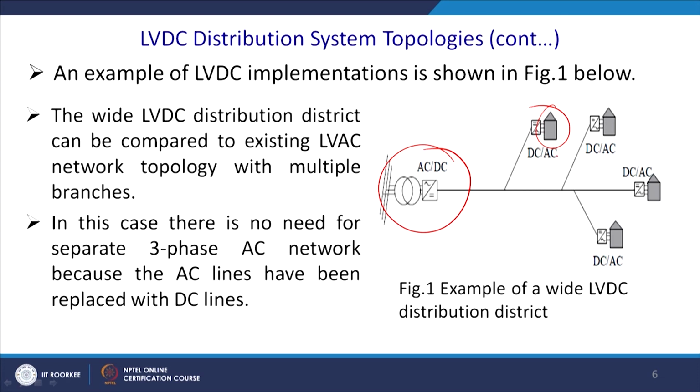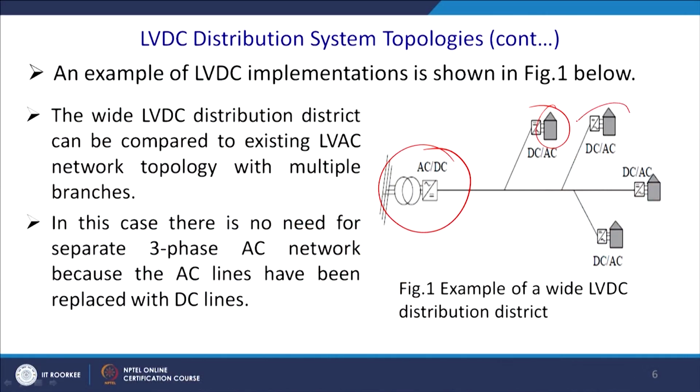That is fine, because you might be knowing that the inverter fed ACs ultimately have their input rectified and then fed into the DC, and then reconverted into the AC as required by the source. So, AC to DC conversion is something most modern loads incorporate by themselves, and the same way here also. So, these are a few examples of the wide LVDC distribution system.